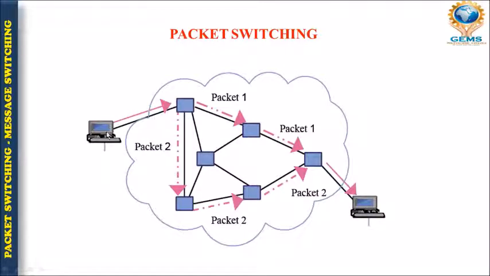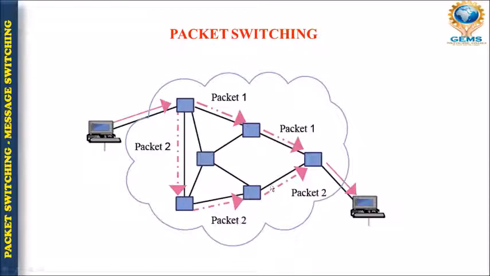Suppose a message is divided into two packets. Packet 1 is following this path. The upper path is followed by packet 1, and for packet 2, this other path is followed, meaning packet 2 is following this path.